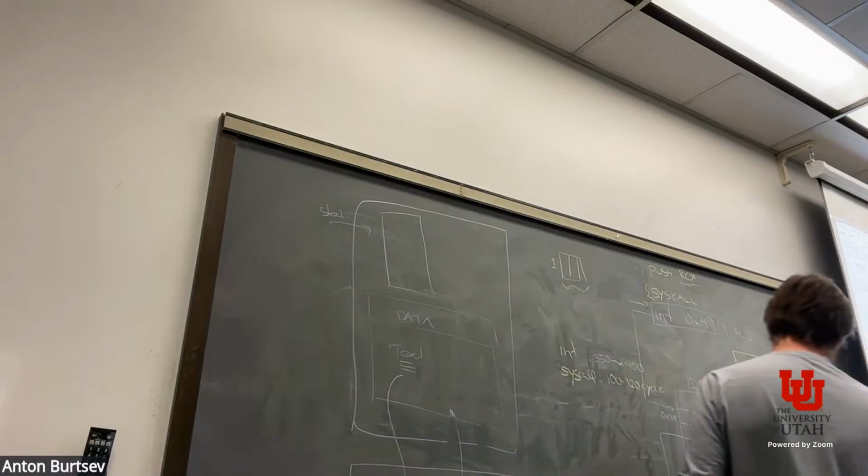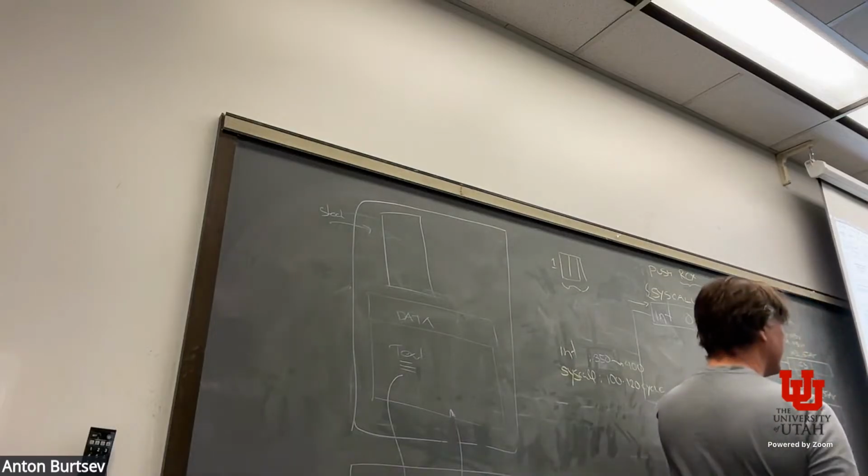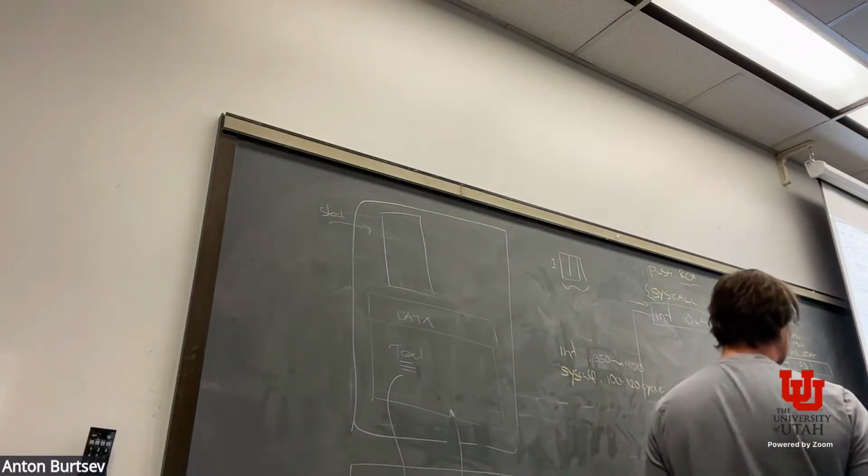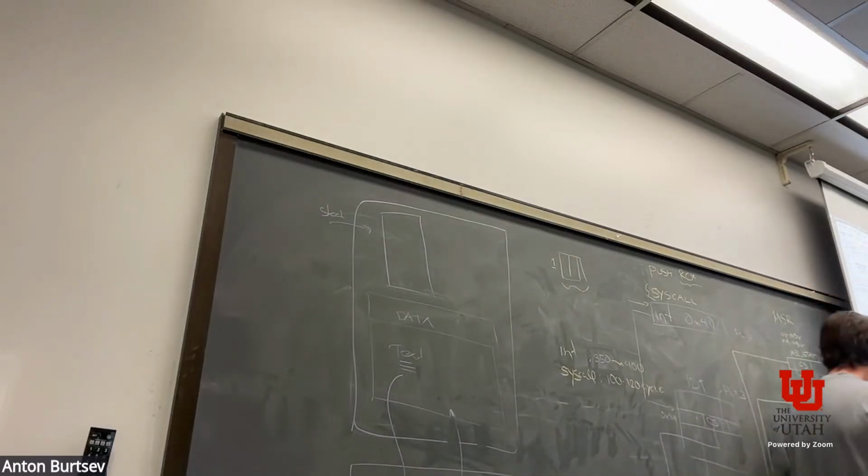So you will have some kind of assembly trampoline which carefully saves the state, but then goes to a generic syscall dispatch function, which says, okay, depending on the syscall number, for example, you can make an agreement that the user level passes the number of the system call in the RAX register. And then you execute a specific kernel function based on this value, right? So that's the end goal.